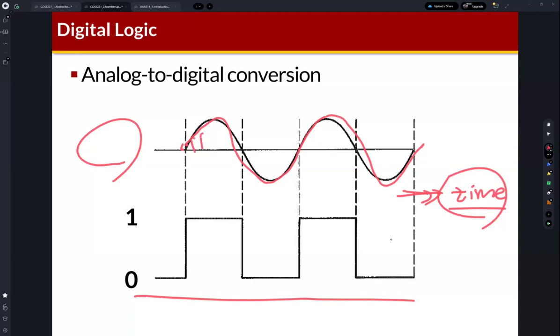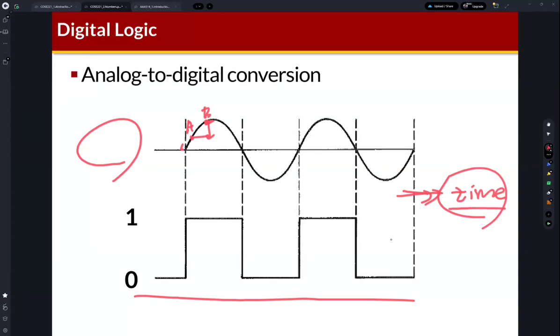We already know that this analog signal includes many different values, right? This value is different from this value A, and this value A is different from the value B. That is possible in analog signals because they can include many different, continuous values.